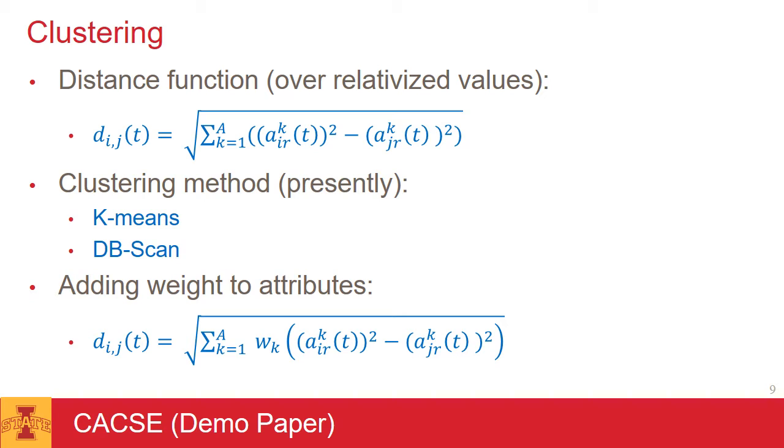Lastly, in order to enable astrophysicists to push a little bit heavier on some attributes of interest, we modify the distance function to cater to weights. For as long as the sum of the weights is 1, or 100% in percentage, 3, 4, 5 of those attributes can be given actual weight. The rest will be set to 0, so they will not be impactful in the overall comparison.